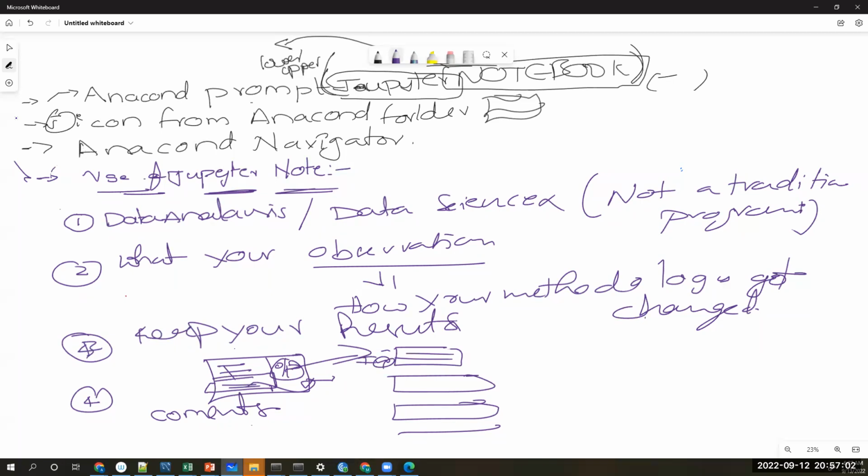For example, if you leave any organization or transfer your responsibilities to someone else, if you have written completely well-matured comments, then it will be easy for the new person to understand your code, your purpose, your way of analysis and your results very easily.